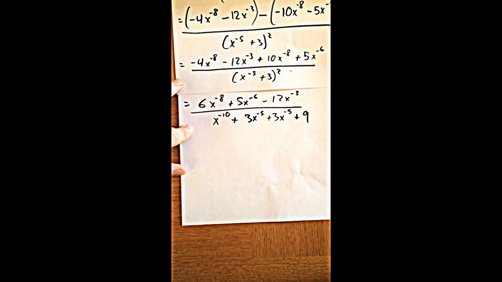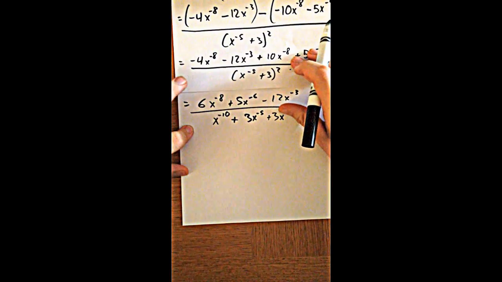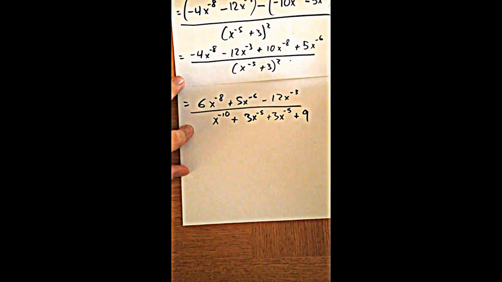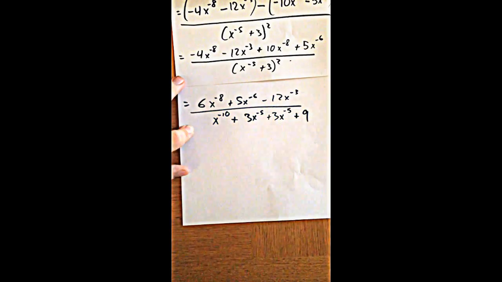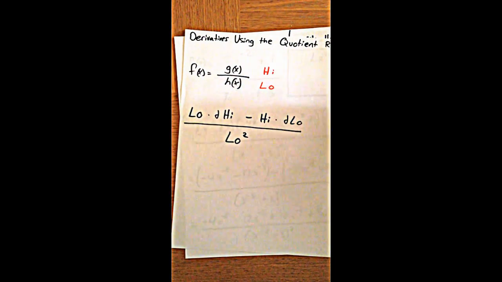And so we could continue to simplify here, and we could combine these two terms, but basically this is the formula you'll want to follow for any type of problem that involves a function of x divided by a function of x.